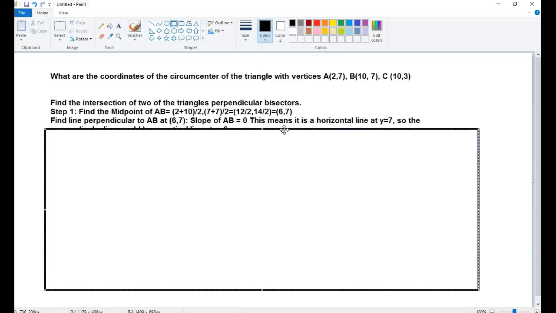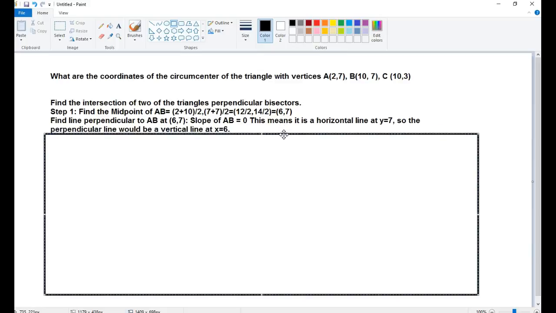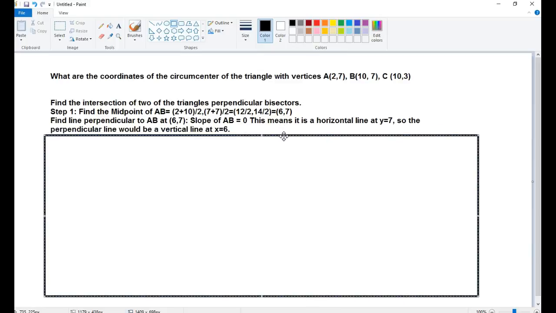So that means the line perpendicular to AB at (6, 7) is a vertical line at x equals 6. Since it's a horizontal line at y equals 7, and we're looking at the point (6, 7), it's going to be a vertical line here going up and down. So we found the perpendicular line at the midpoint, which is just x equals 6.